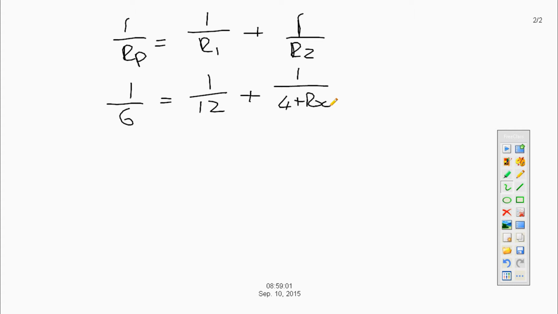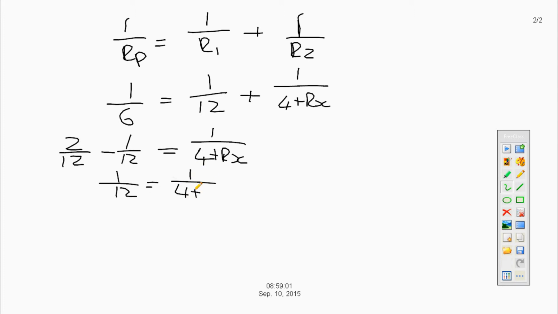So if we translate, it's 2 over 12 minus 1 over 12 will be equal to 1 over 4 plus Rx. So I will have 1 over 12 equal to 1 over 4 plus Rx. And now you can just use your cross multiplication to get 12 equal to 4 plus Rx. And there you go. Rx will be 8 ohm.